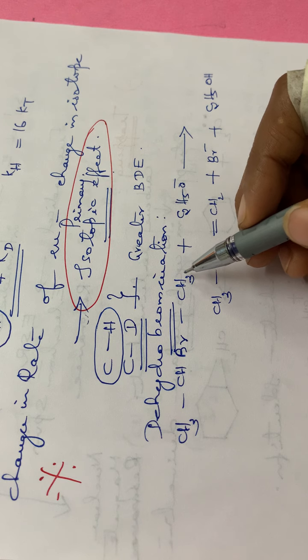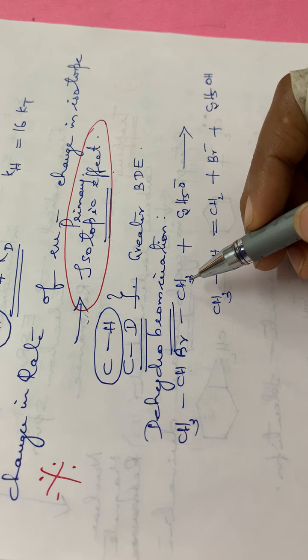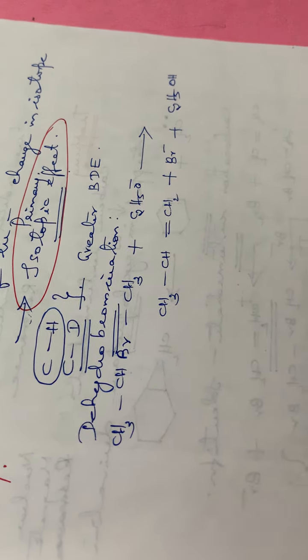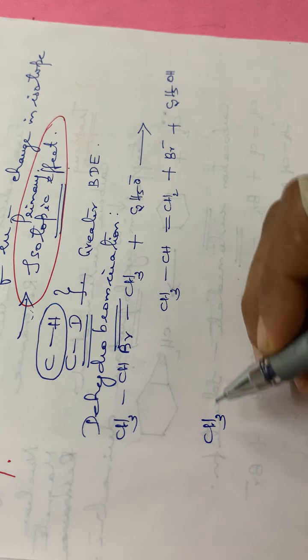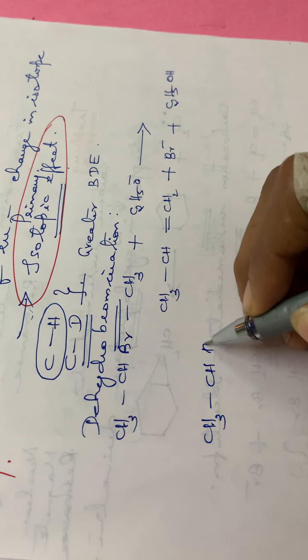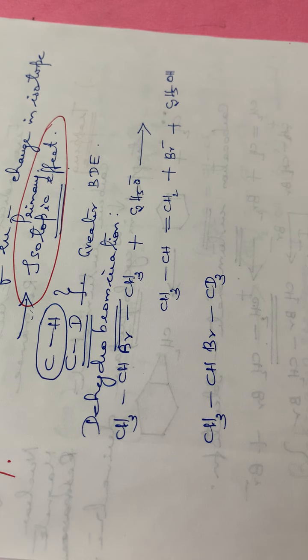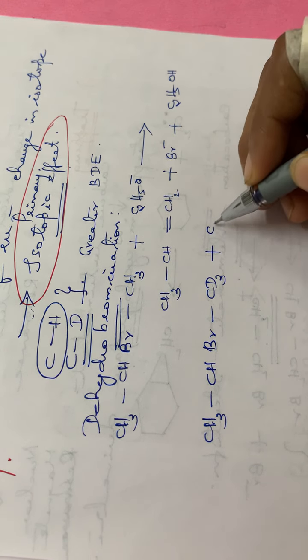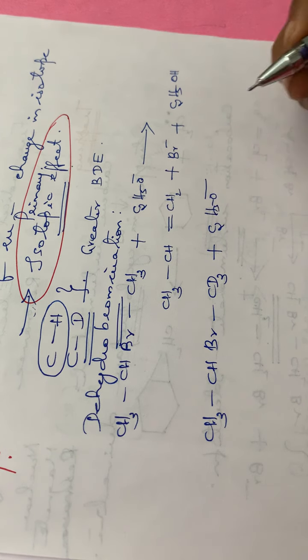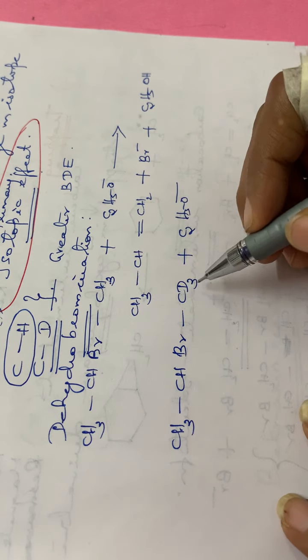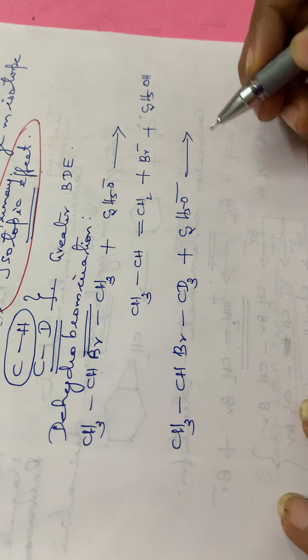Next reaction, we are replacing the 3 hydrogen atoms by 3 deuterium atoms. That is, it becomes CH3CHBrCD3 plus C2H5O minus.